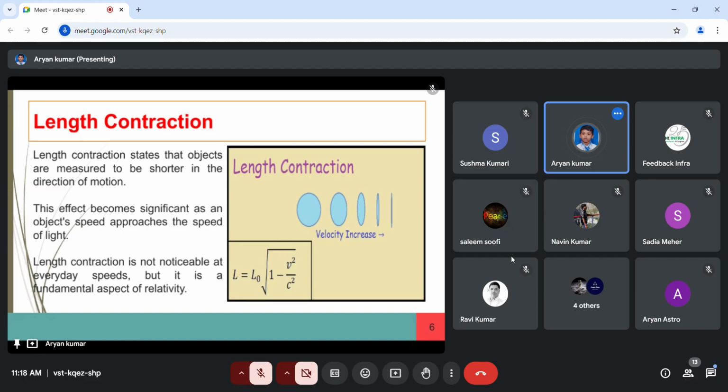It is the phenomenon where an object appears to be shorter in motion relative to other objects. So yes, this happens at very high speeds. You will see that the object you are measuring is a little bit smaller.